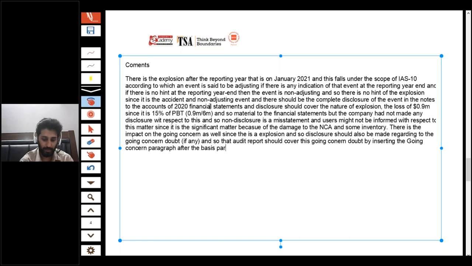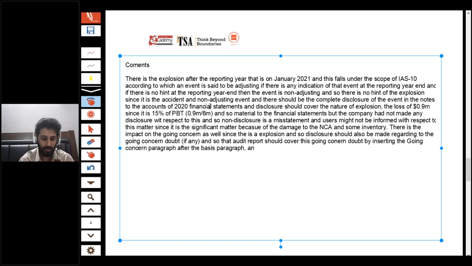After the basis paragraph. Anyways, this needs to be checked because it is not mentioned here whether they had included the going concern doubt.